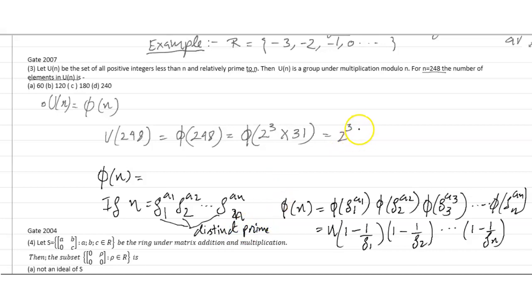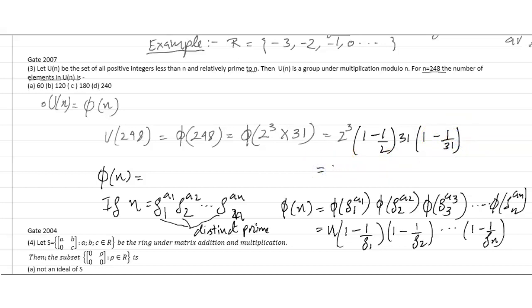So this answer should be 2 cube, which means 8. So this is 1 by 2 and 31 into 1 minus 1 by 31.